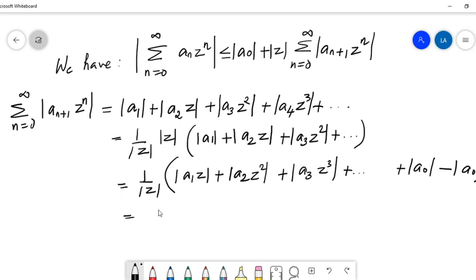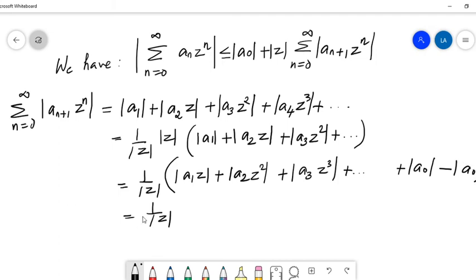So this is equal to 1 by mod z into all this series together, modulus of a_0 plus modulus of a_1 z plus modulus of a_2 z square plus etc., and then minus modulus of a_0.